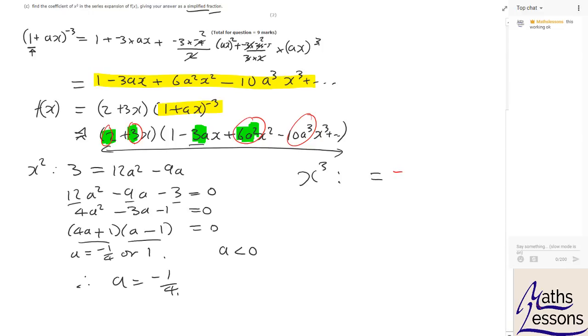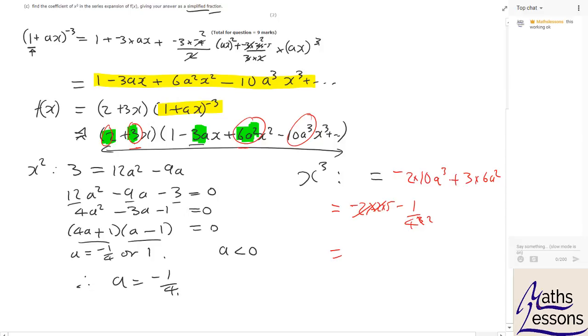So that's going to give us minus 2 times 10a cubed plus 3 times 6a squared. So that's going to equal minus 2 times 10, and we've got a cubed, so that's going to be minus 1 over 4 cubed. 2 times 10 is the same as 2 times 5, so we can cancel out a 2, and one of the 4s, leaving me squared.